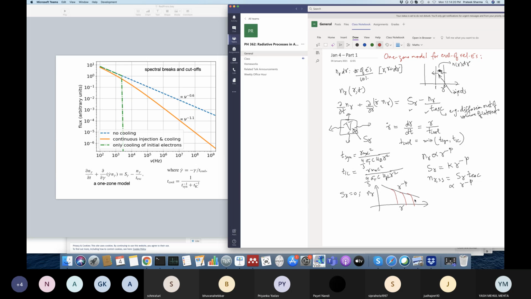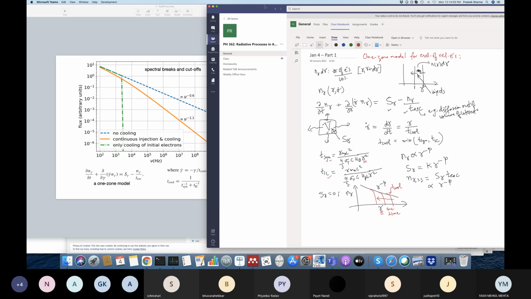These are 3 different times, so this is increasing time. If you wait for a time of order T cool, all the electrons with higher gamma get cooled, since the cooling time is shorter for higher gamma for both inverse Compton and synchrotron. So you develop an exponential cutoff at the value of gamma for which the age of the system is equal to the cooling time.